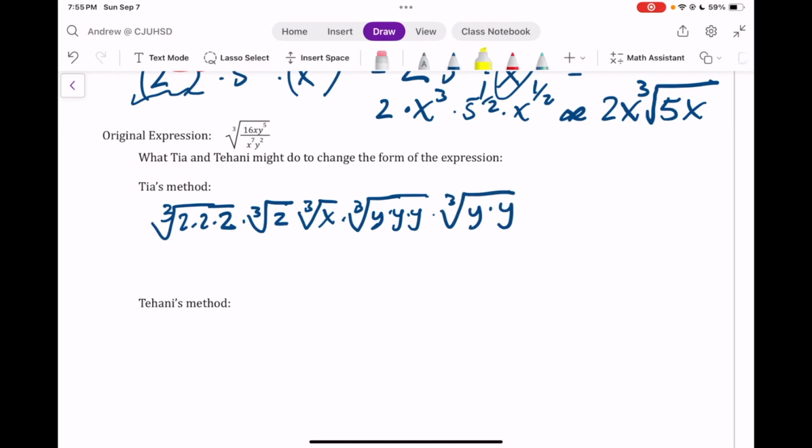So she's going to be able to take this and turn it into a regular 2, and this and turn it into a regular y, and then she's going to have everything else in a root.